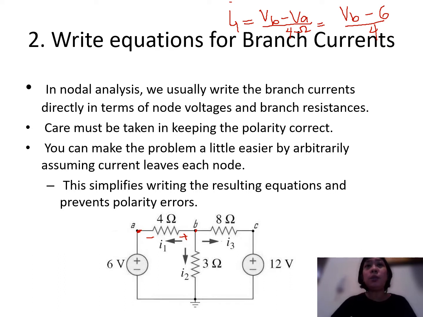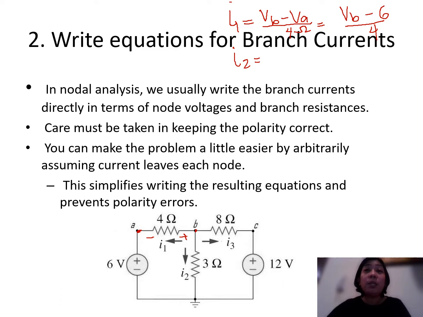Now let us go to I2. How do we write your I2 here? As you can see, our branch current 3 is only connected across VB. Unlike the 4 ohms here, which is connected both at node B and node A, your 3 ohms resistance here is connected only at VB with respect to our potential ground.